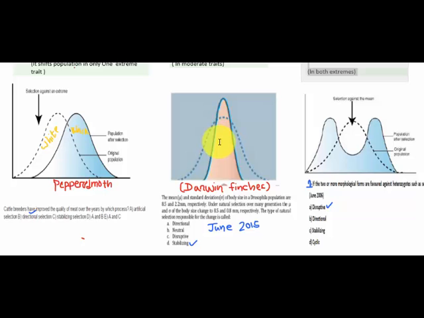The example of stabilizing selection is Darwin's finches. In the Galapagos Islands, a group of birds called finches are present, and some of them eat seeds, some eat insects, some eat fruits, so their beaks are very different. When the seed supply decreases, the population density of the birds also decreases.